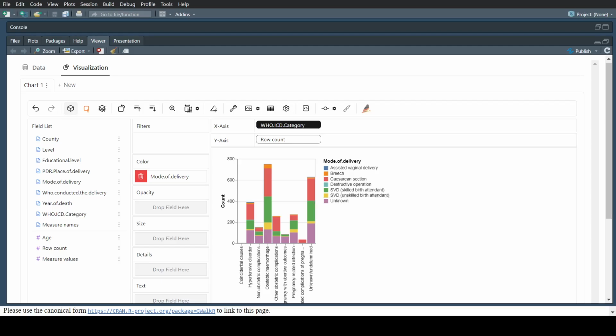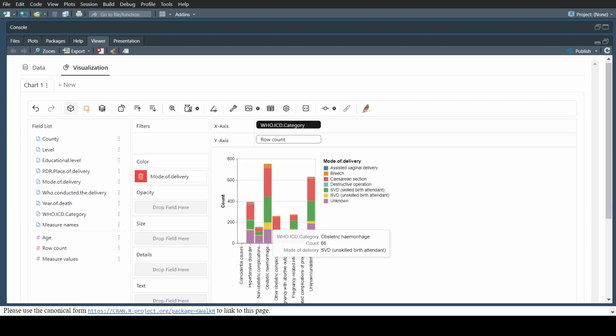A large number of women delivered via cesarean section, and the green was spontaneous vaginal delivery, which is the normal delivery by a skilled birth attendant. Also, a lot of these women delivered either normally or by cesarean section.